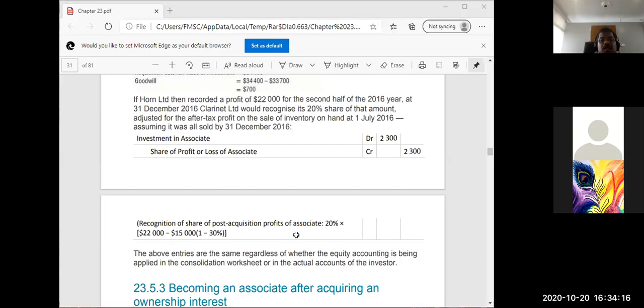This is for the 6 months, not for 1 year. 6 month consolidation. Investment in associates, you know the figure. I think you can remember 17,200 double.